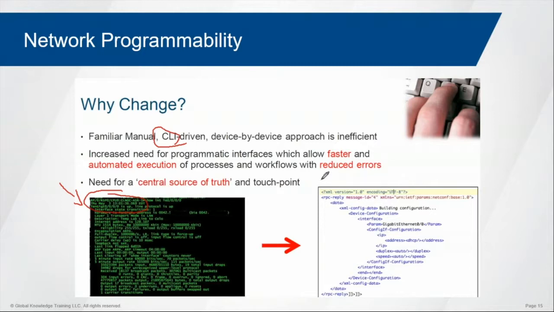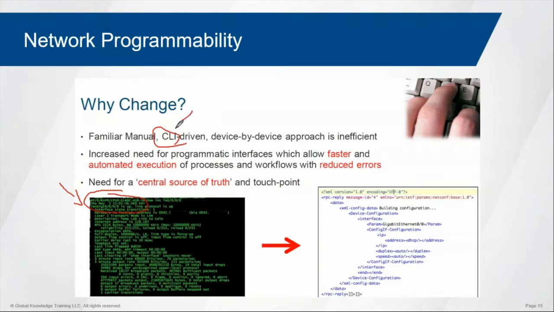Here's a new trend, human readable and machine readable. Because if it's human readable, you and I can read it with our eyes. If it's machine readable, we can program it and automate it and do the task over and over again. If you can do it once, why can't we do it 100 times? Machine readability gives us the benefit.